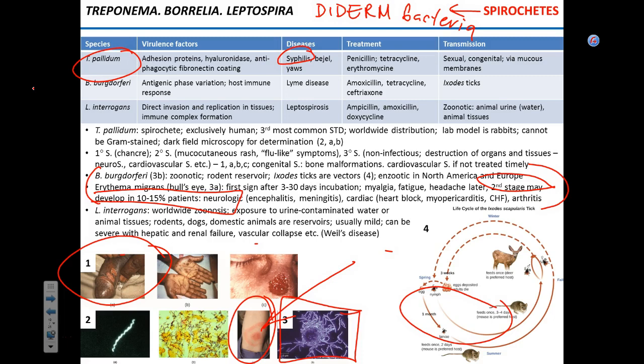Now, that microorganism, Treponema pallidum, a spirochete, causes a sexually transmitted disease. Now, I have to be very clear about it. It's a sexually transmitted disease. You're not going to get syphilis if you touch a person, if you hug a person, even if you kiss a person with syphilis.